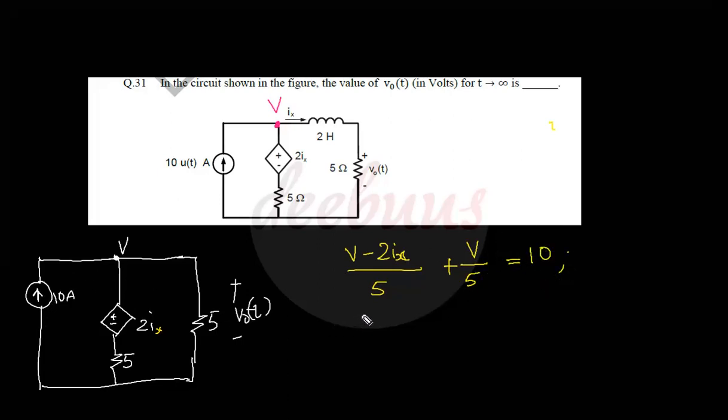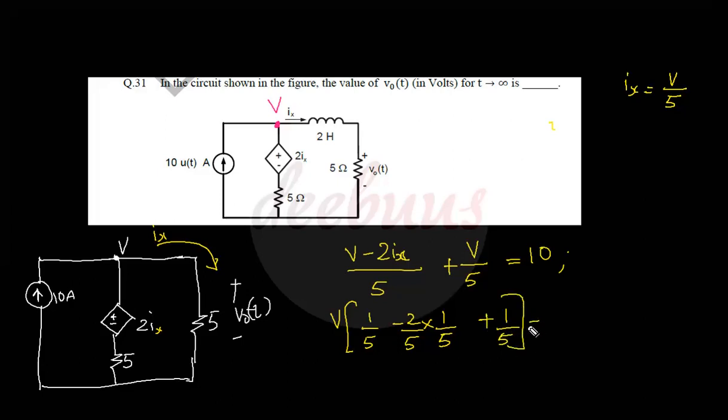Now we know Ix is given as the current flowing through the inductor, right? So Ix equal to V by 5, right? So I am substituting Ix as V by 5 and taking V as common, V into 1 by 5 minus 2 by 5 into Ix. Ix is V by 5. So into 1 by 5 plus 1 by 5 equal to 10, right?